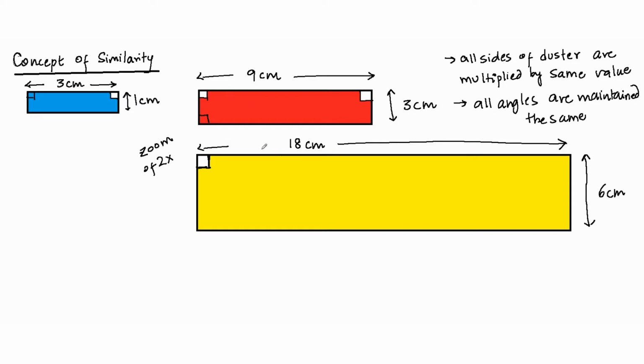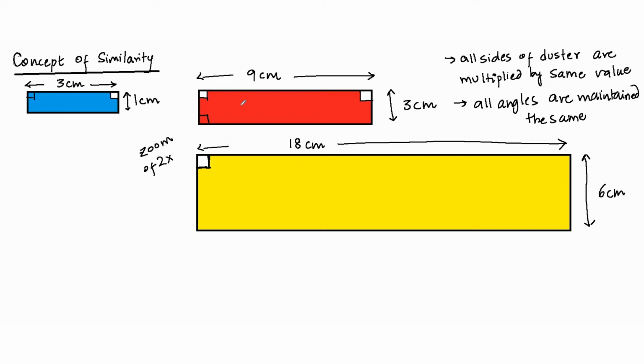These three rectangles are similar to each other because their sides are zooming by the same proportion or the same ratio, and their angles are being held constant. There is no change in the angles of these figures. So that's one important point: the angles have to be maintained the same, whereas the sides of the figure can change, but if they change, they have to change in the same ratio.